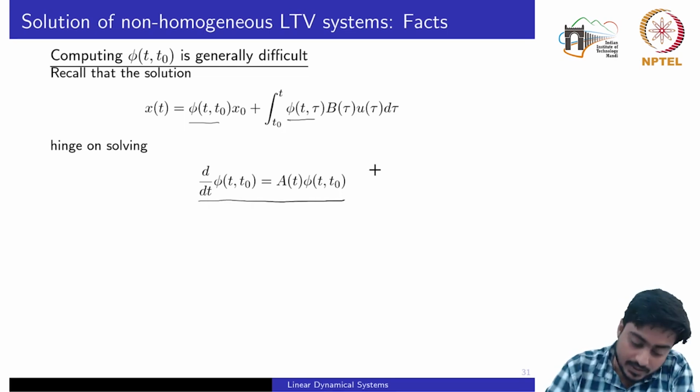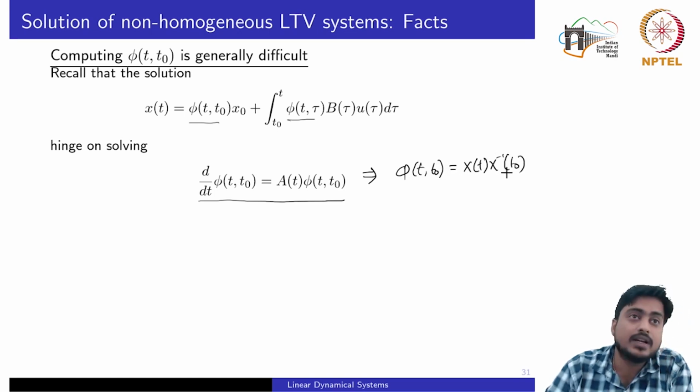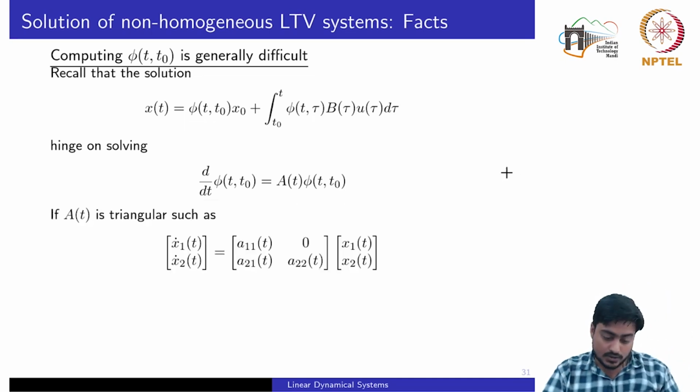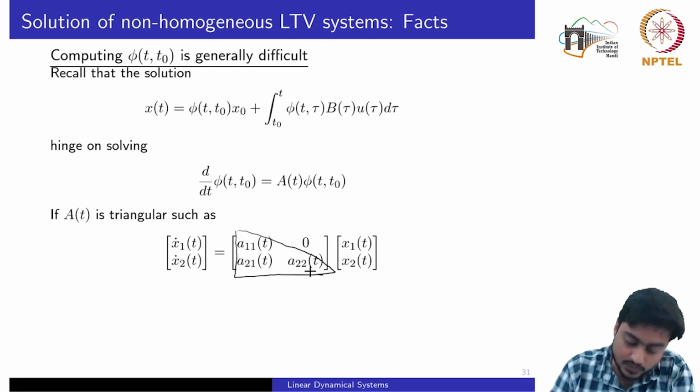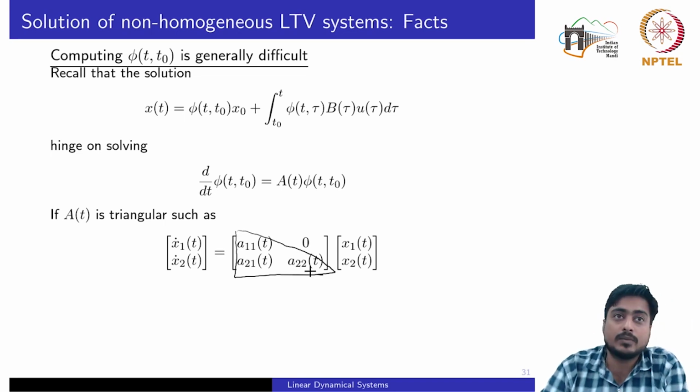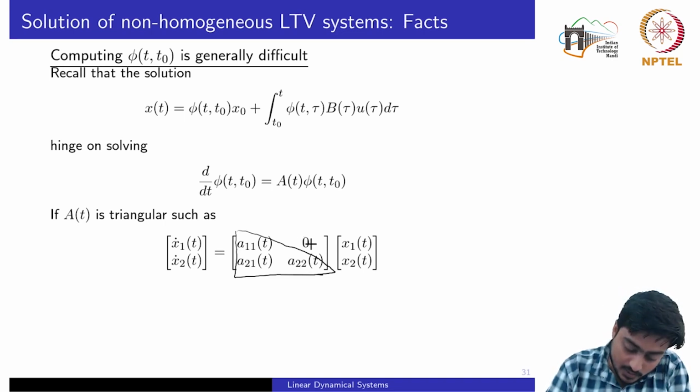The solution for this state transition matrix is given by this equation, which we also saw as one of the properties. As an implication of this equation, we get phi(t, t0) equal to X(t) times X inverse of t0, in terms of the fundamental matrix. Now suppose A(t), the state matrix, is triangular, what we call the lower triangular matrix, where this element is equal to 0.